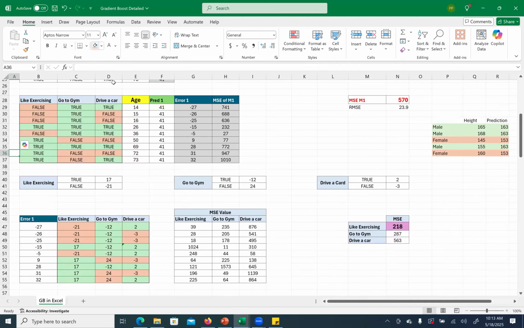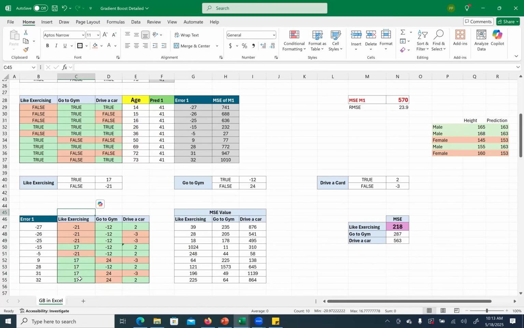The same way, wherever I have true, I have one prediction, which is the average, and wherever I have false, I have another. If I use like exercising as my input variable, this prediction will be minus 21, minus 21, minus 21, 17, again minus 21, 17, 17, 17, 17.